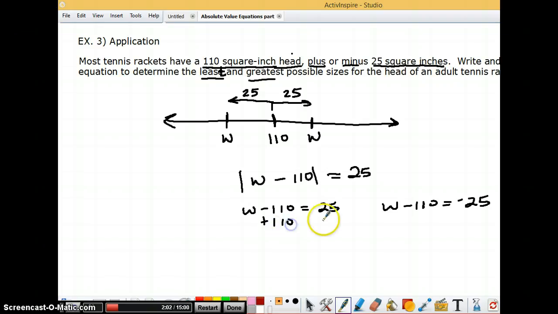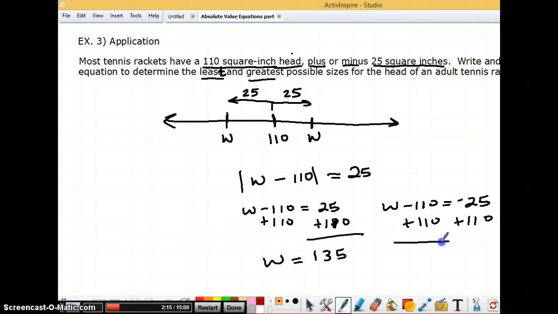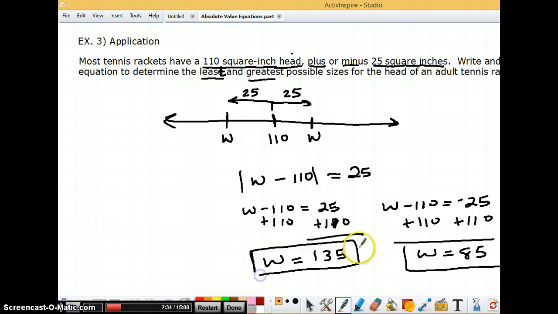So we add the 110 to both sides, and that means that the width could be 135, or the width could be negative 25 plus 110, or 110 minus 25, which would be, what, 85? So the least it could be is 85, the greatest it could be is 135.